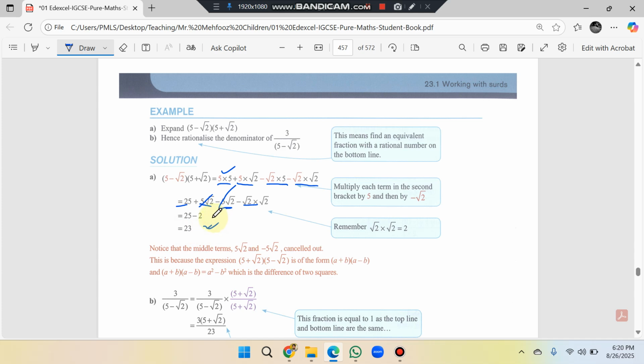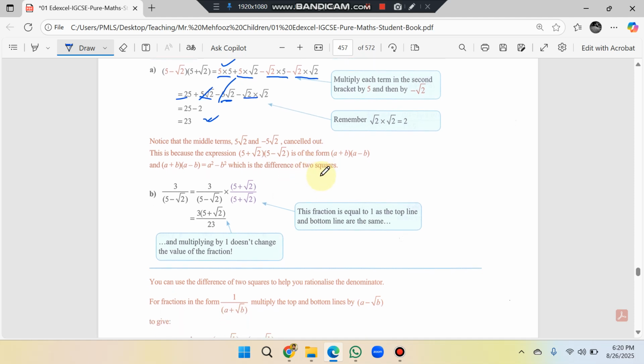Okay. Next, notice that the middle terms 5 square root of 2 and minus 5 square root of 2 can be cancelled out. This is because the expression 5 plus square root of 2 and 5 minus square root of 2 is of the form a plus b and a minus b.